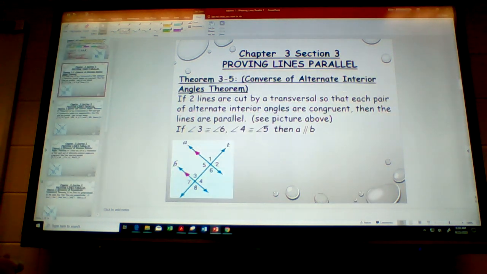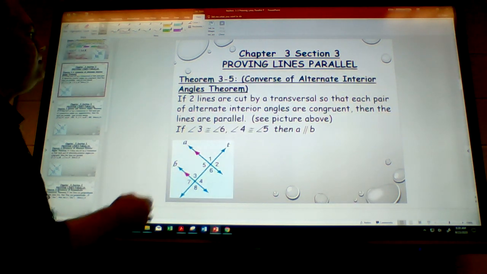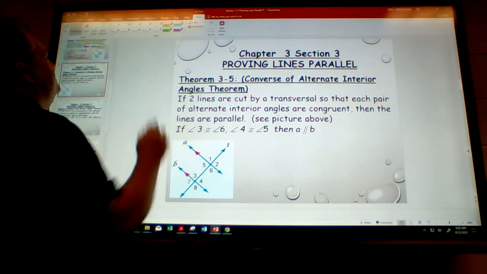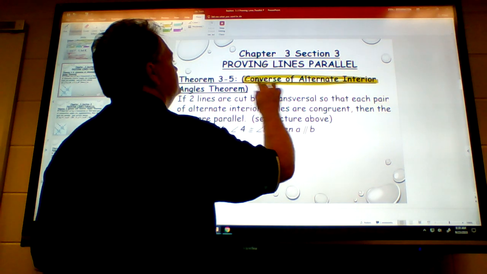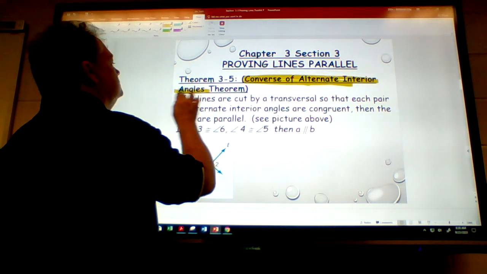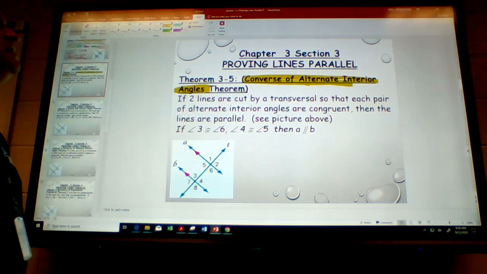All right. Now, 3.5. The converse of alternate interior angles. Once again, I'm not worried about if it's a theorem or not.